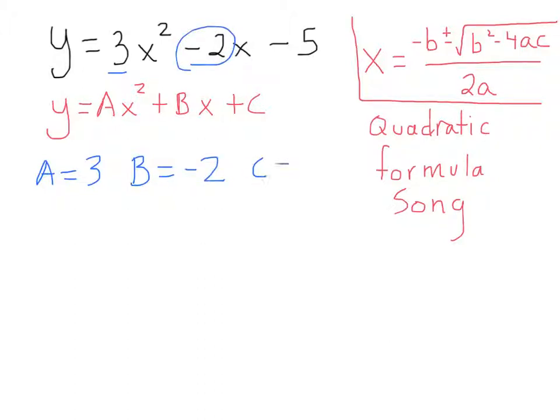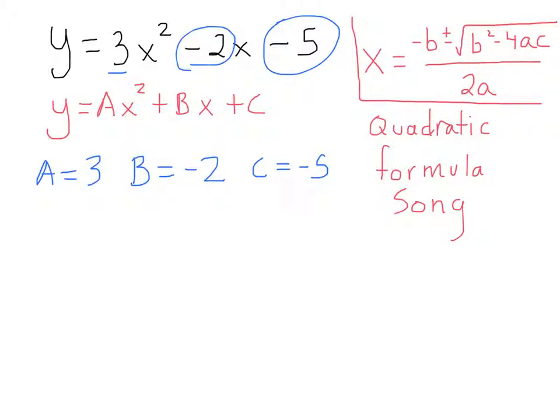And c is negative 5. So now that I know what a, b, and c are, I'm going to plug 3 in for a right here and a right here. And I'm going to plug negative 2 in for b right here and b right here. And I'm going to plug in negative 5 for c right here.